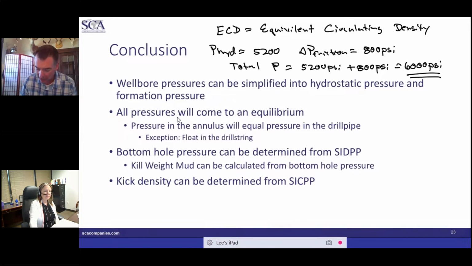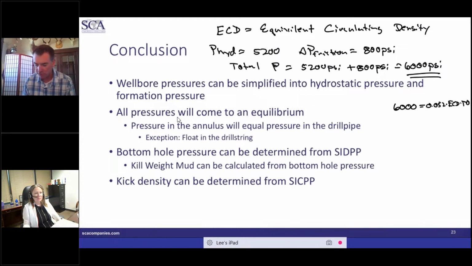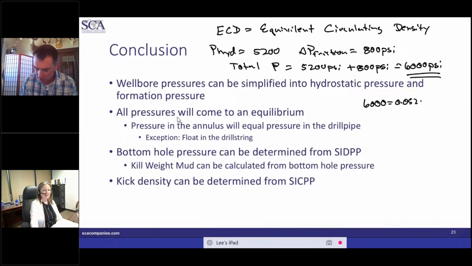And to do that, again, and I apologize, I don't have a blank page here, I would have 6,000 is equal to 0.052 times my ECD times TVD. 6,000 equals 0.052 times ECD times TVD. I would know TVD, and I would just solve for ECD in that, and I would have my equivalent circulating density.